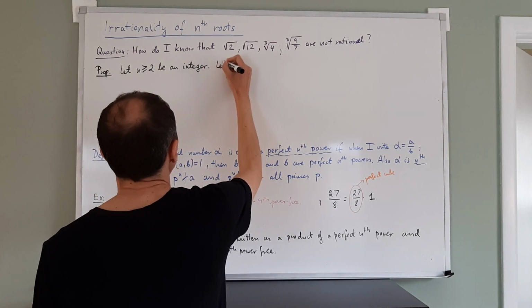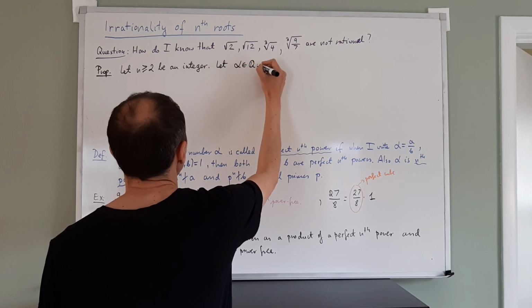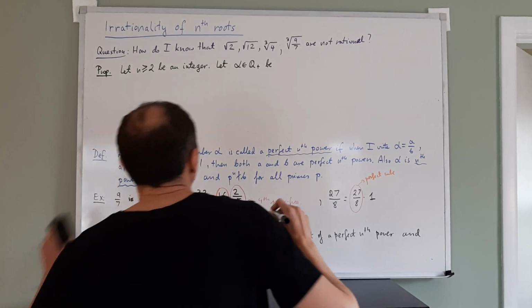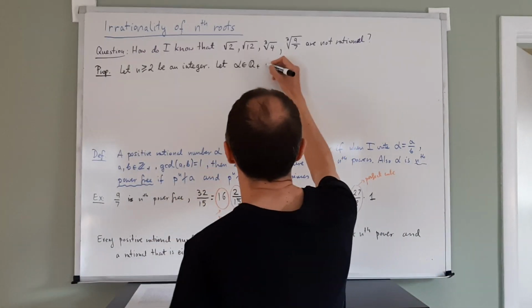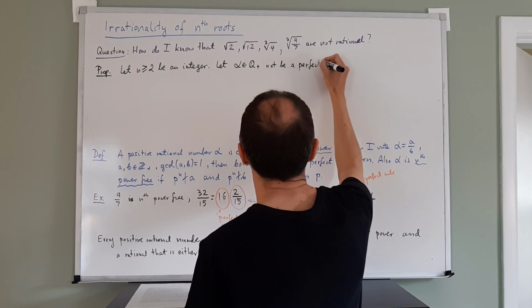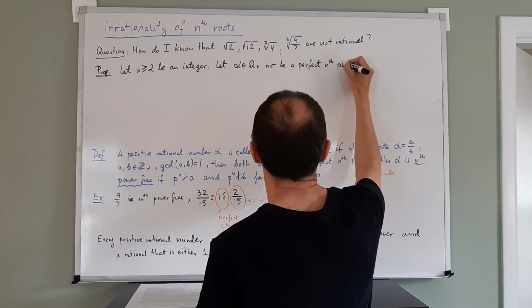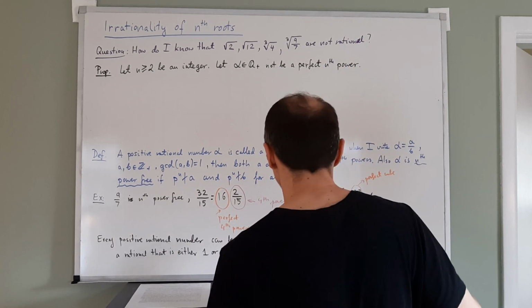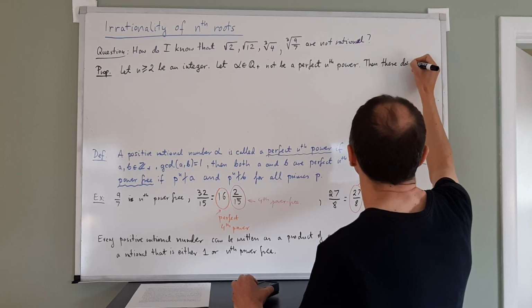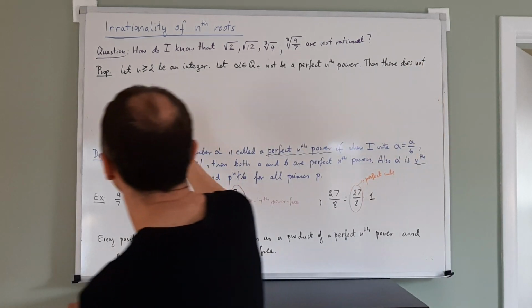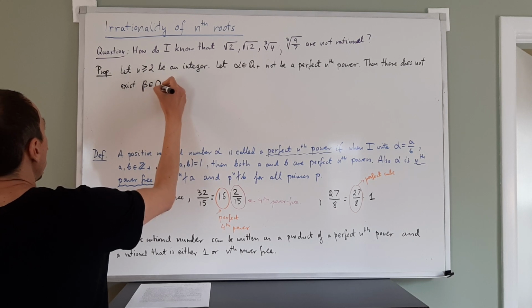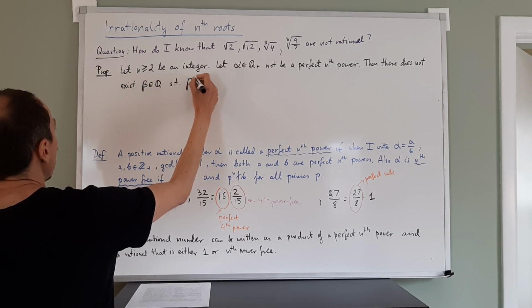Let alpha, a positive rational, not be a perfect nth power. Then there does not exist beta in Q such that beta to the n is alpha.